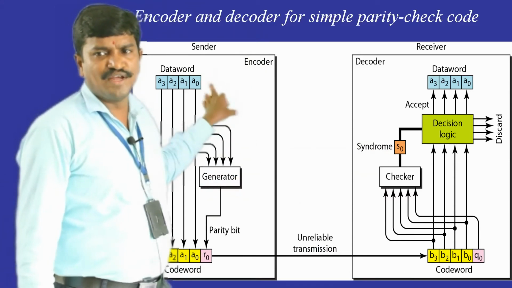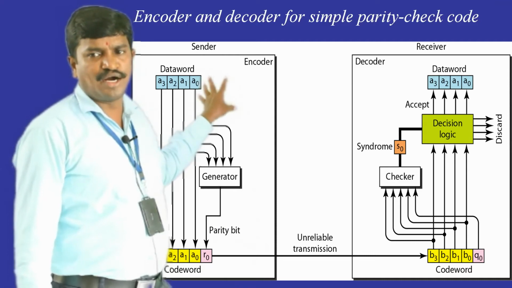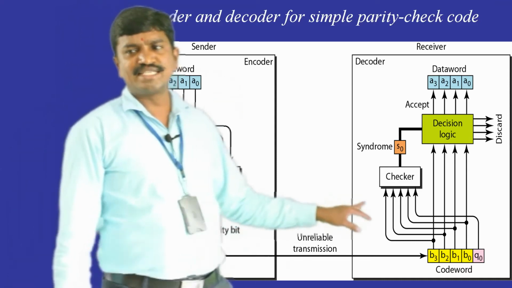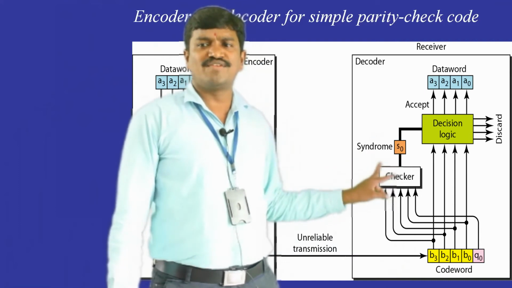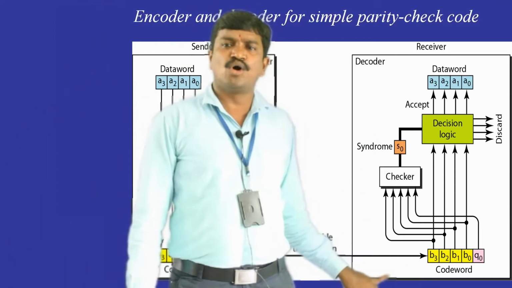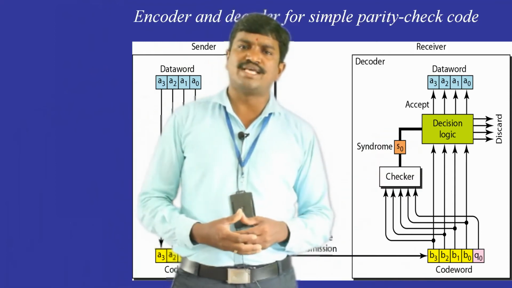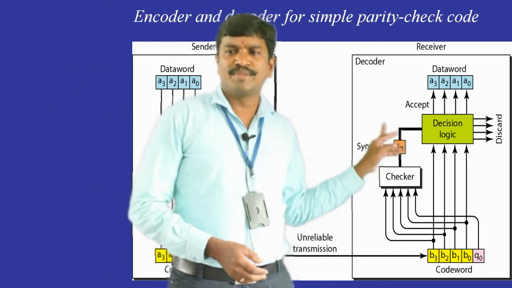If even, 0 is added. If the count is odd, then 1 is added. But here, the syndrome value is calculated from the 5 bits, B3 to B0 and Q0, by adding all of them. If you get 0, it means the total number of ones in the code word is even. So when it is 0, accept it.